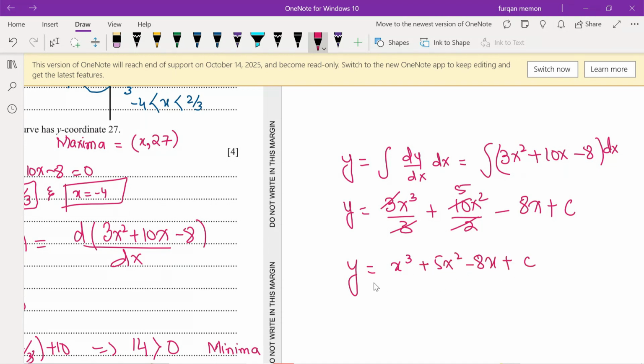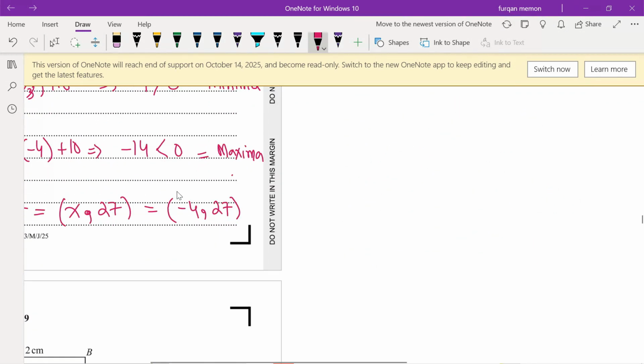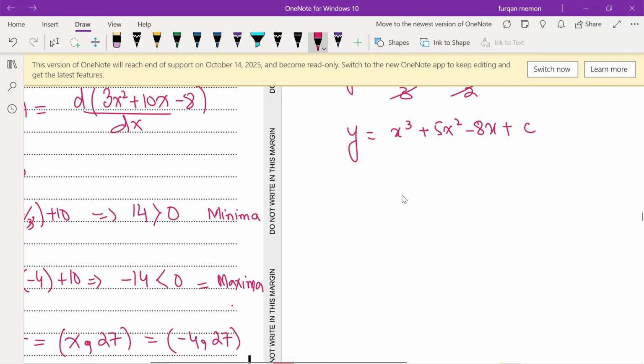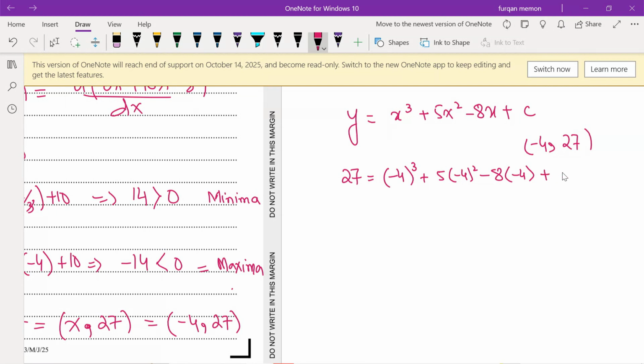This curve equation also satisfies the stationary point (negative 4, 27). When we plug in this value, 27 equals negative 4 cube plus 5 times negative 4 square minus 8 times negative 4 plus c.